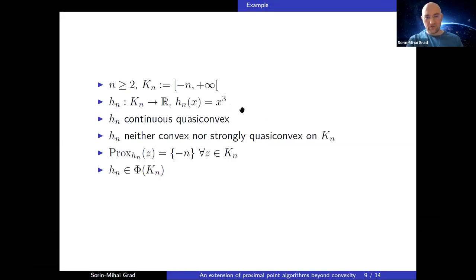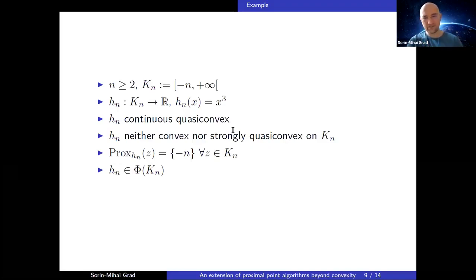X to the power of 3, of course, this is quasi-convex, is even continuous, so more than LSC. But of course, it's not convex. And for instance, if we take the set to be like this, then it's not strongly quasi-convex. So again, if you remember the previous slides, we had that some functions which are strongly quasi-convex are prox-convex.